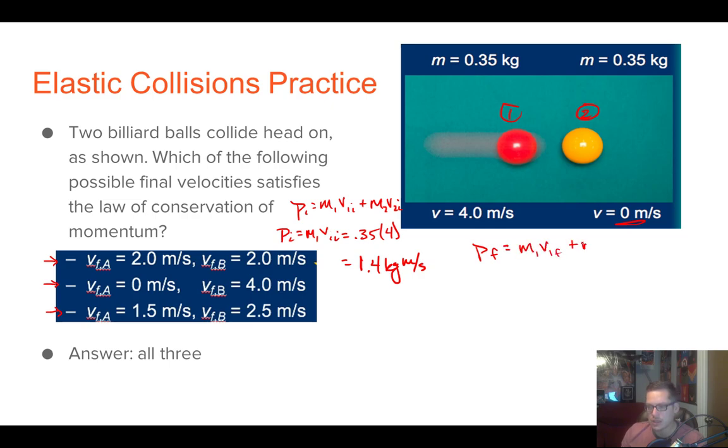m1v1f plus m2v2f. So in this first case, we'll call these cases A, B, and C. In case A, our m1 is going to be 0.35. Because m1 and m2 equal each other, let's simplify this a little bit and pull that out.